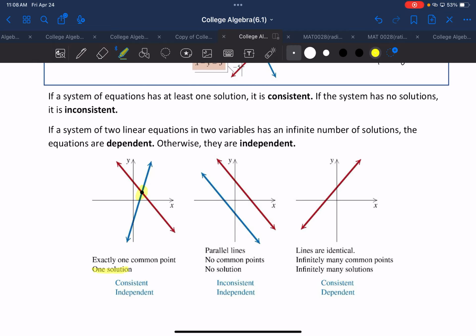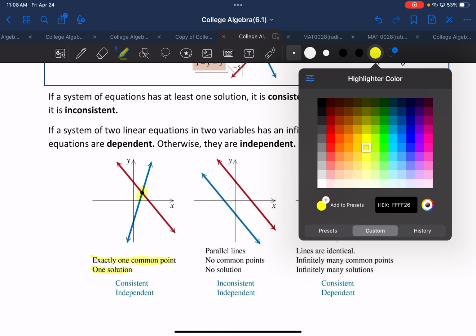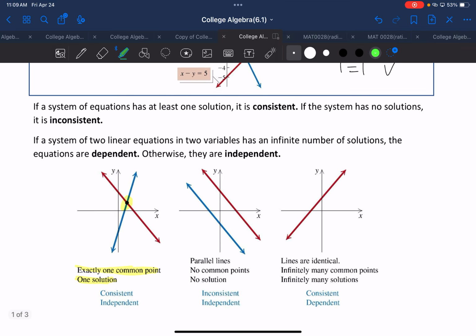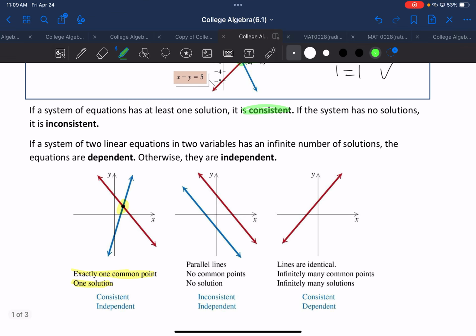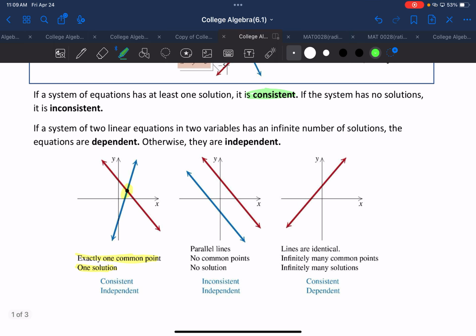There's just one solution, and it has exactly one common point. So if a system has at least one solution, then it's called consistent. If it has at least one solution, it's called consistent.